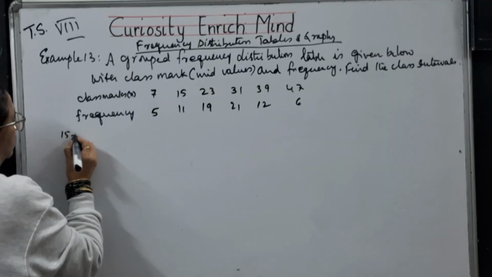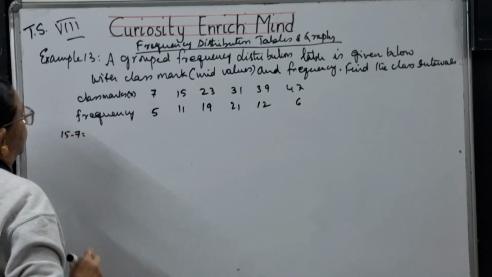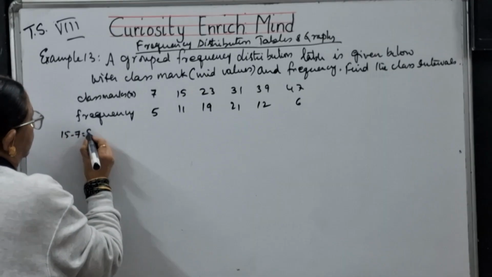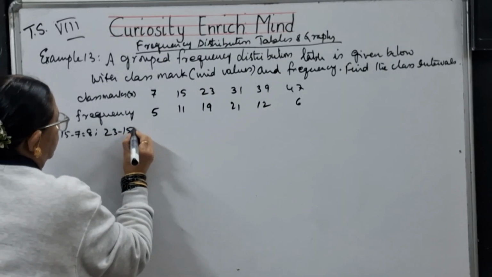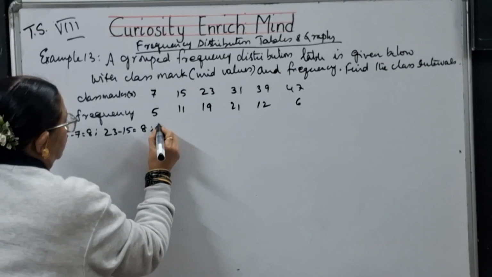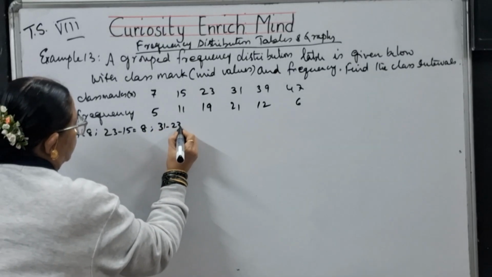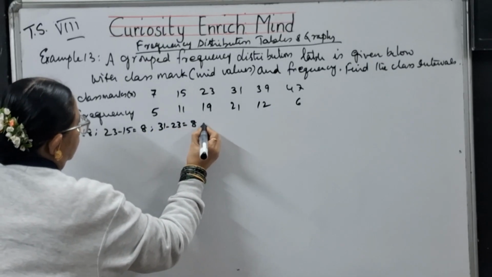That means first you see 15 minus 7. 15 minus 7 you will be getting 8. Now 23 minus 15, this is also 8. 31 minus 23 is also 8.